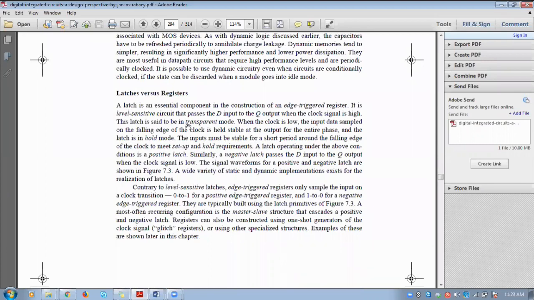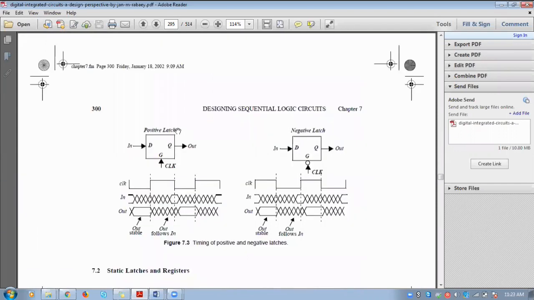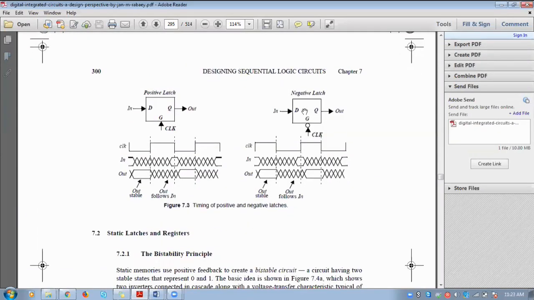Now we can get into the basic concept required for this unit, which is latches as well as registers. We have two types of latches, positive latch and negative latch. We need to know the difference between a latch and a flip flop.